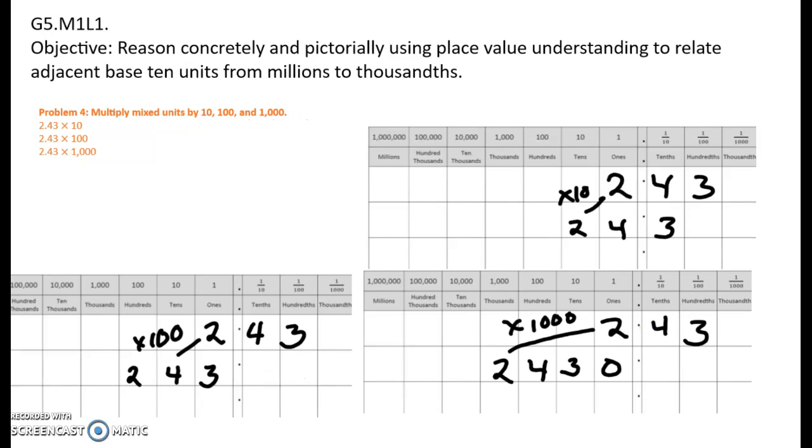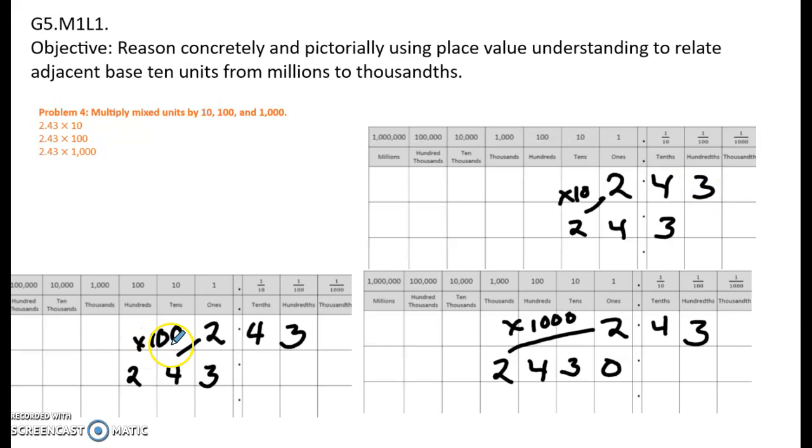Okay, in this problem number 4, we want to multiply multi-digit numbers by 10, by 100, and by 1,000. So we multiply by 10. Each place value is going to be multiplied by 10. 2 tens is 10 times greater than 2 ones. 4 ones is 10 times greater than 4/10, and 3 tenths is 10 times greater than 3 hundredths.